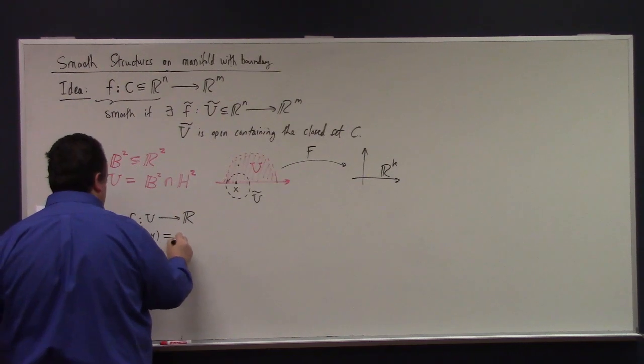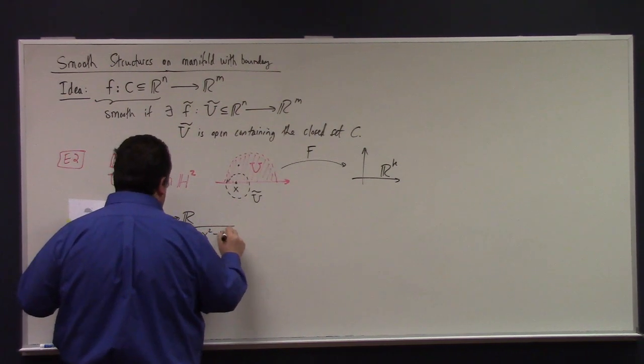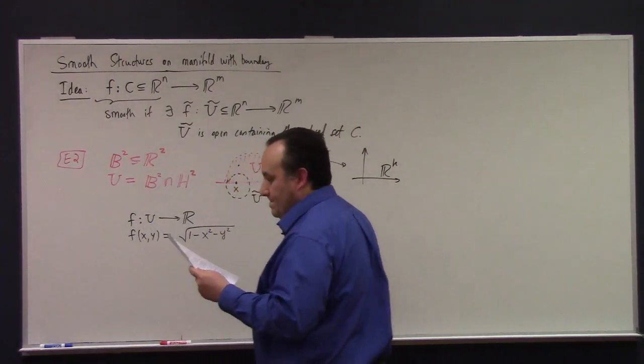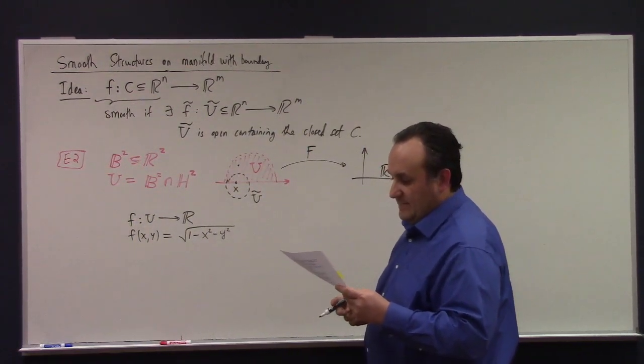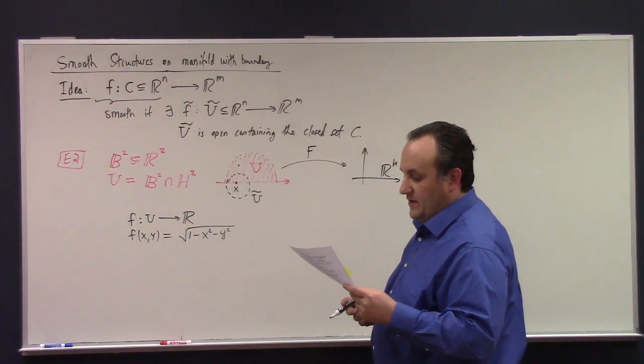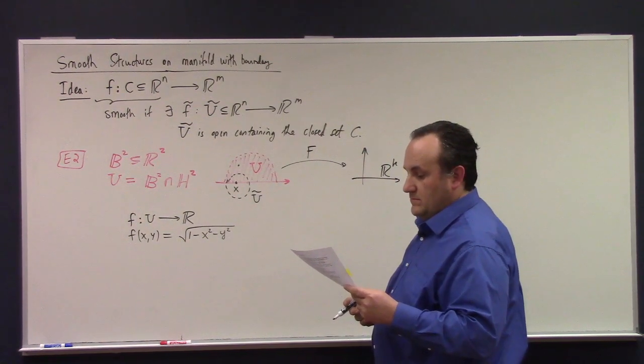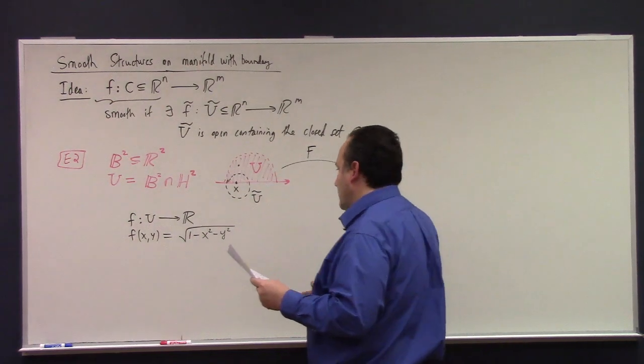F of x, y is the square root of 1 minus x squared minus y squared. He says F extends smoothly to all of B2. Therefore, F is a smooth function on U. Do you guys see that?